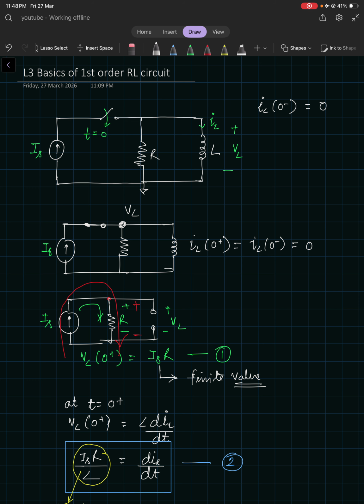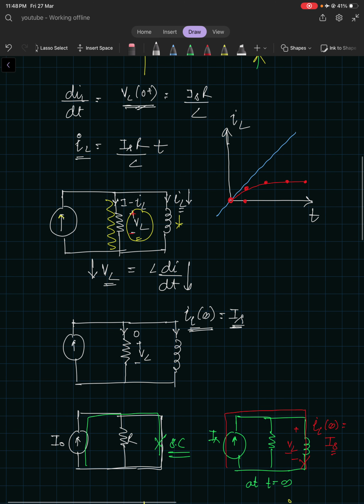In the capacitor case, initially at the switching instant it was acting as a short circuit, and in the steady state the capacitor was acting as an open circuit, while in the case of the inductor at the switching instant it acts as an open circuit, while in the steady state it acts as a short circuit.